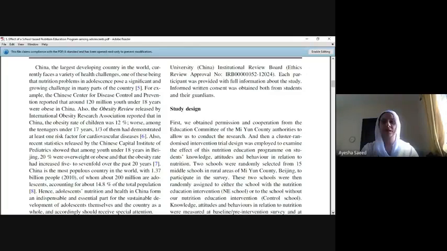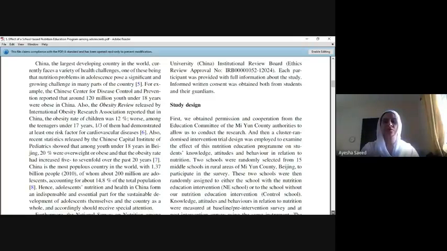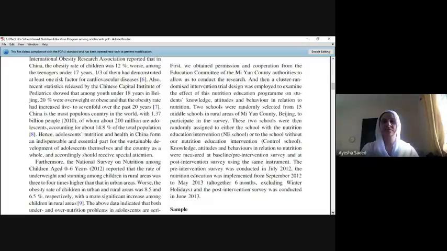Two schools were randomly selected from 15 middle schools in rural areas of this county. These two schools were then randomly assigned to either the nutrition education school or the control school that was without the nutrition education. The same instrument was used for the assessment of knowledge, attitudes, and practices.